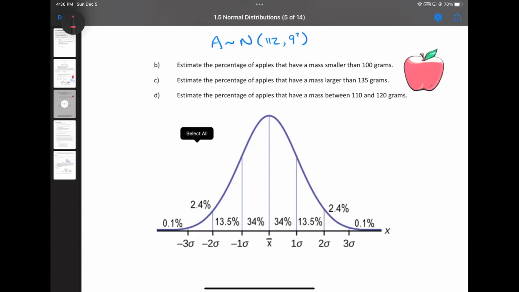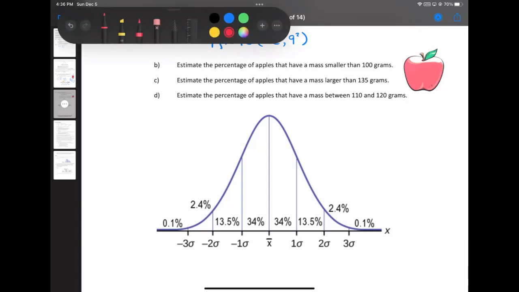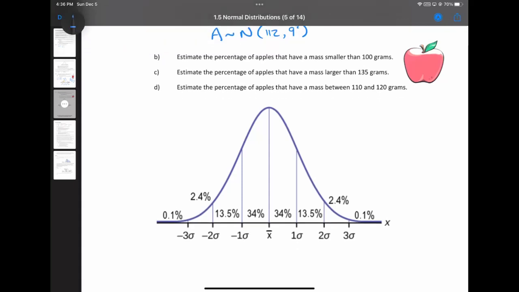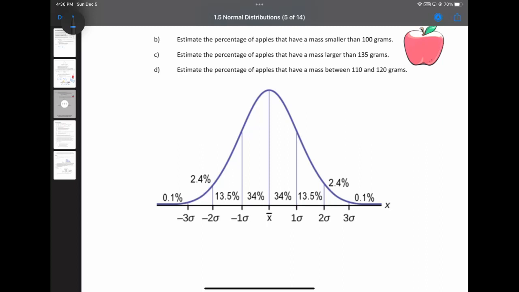But before I do that, we should put numbers on our graph, which would make it a lot easier to use. Again, the mean is 112, and each standard deviation is 9. So that takes us up to 121, 130, 139, and it takes us down to 103, 94, and 85.